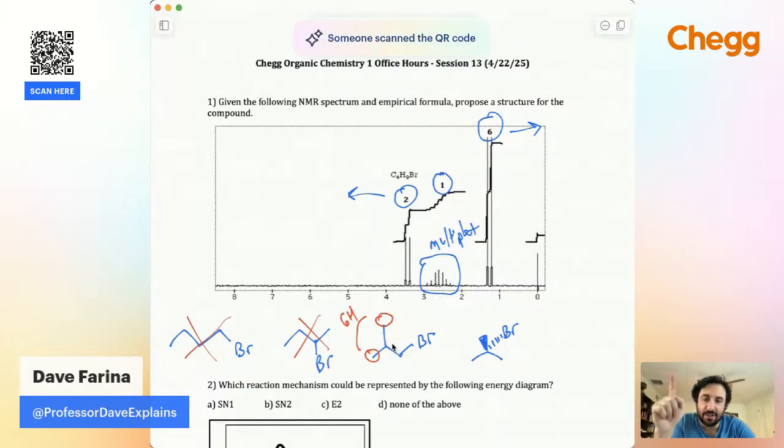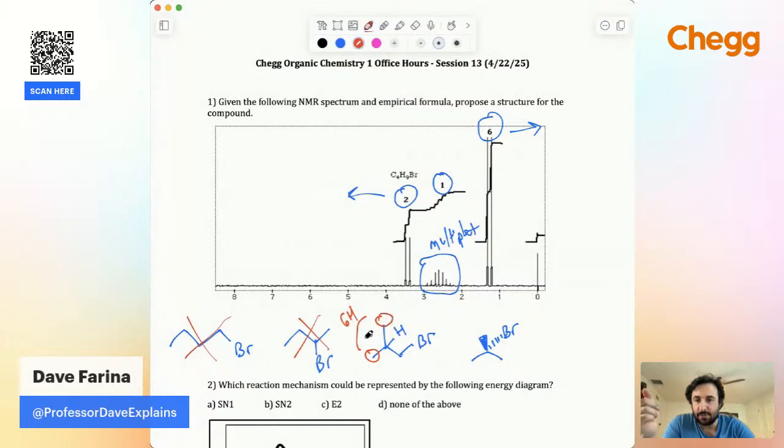Yes, they would be a doublet because we have just this 1 proton on the adjacent carbon, right? So this 1 proton here is splitting the resonance associated with all 6 of these protons into a doublet. So that works. And this would be the most upfield because it's farthest away from the bromine. So that checks out. This peak works.